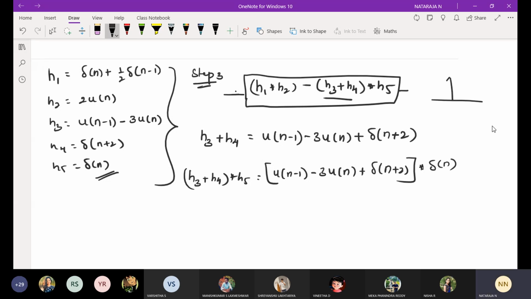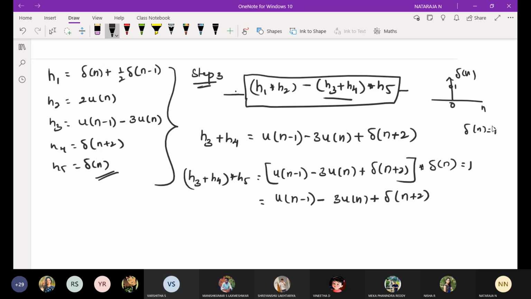We know that delta of n at n equal to 0 is 1, so this value will be 1. If I multiply 1 with this, what will I get? I will get u of n minus 1 minus 3 u of n plus delta of n plus 2. Am I right? Is it right?